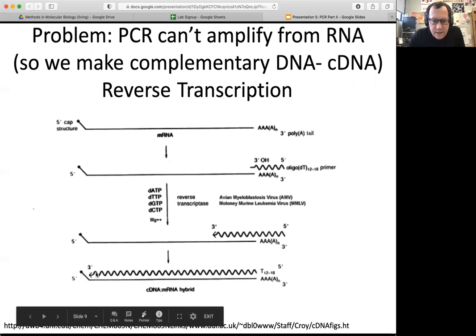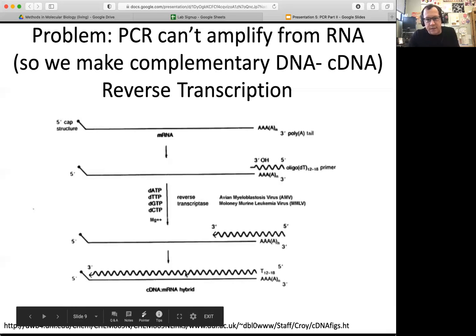Okay, and so this is a single-stranded DNA, but that's fine for our PCR purposes, right? If we have a primer that can anneal to that, it's going to copy and make a double-stranded piece of DNA in our first round of the PCR. So what we have here is we've now created a DNA copy of our RNA.